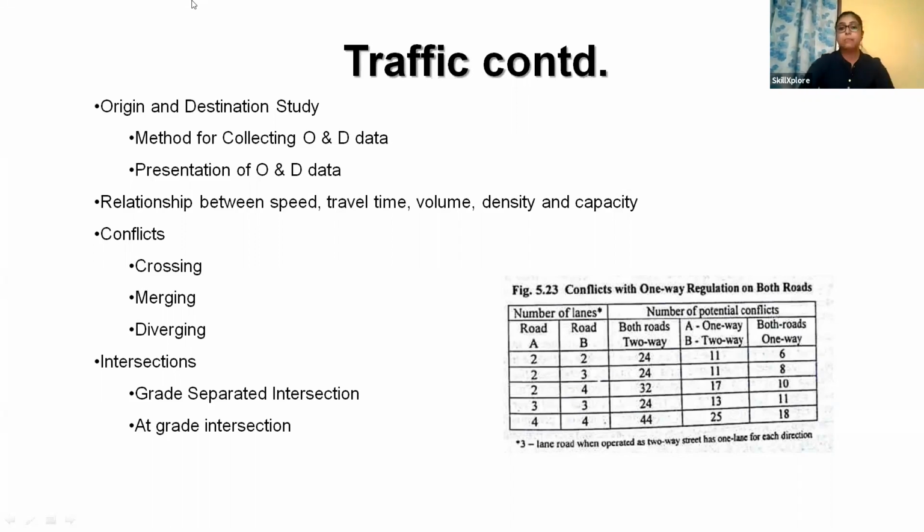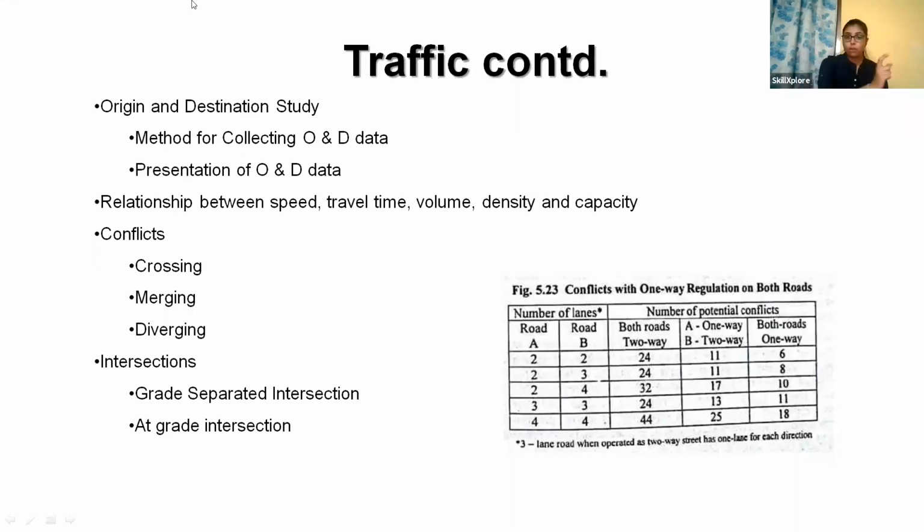With an example figure itself, we'll show you how the conflicts arise. For example, there are two roads, road A and road B. Road A has 2 lanes, and road B again has two lanes. How many potential conflicts can arise if both roads are two-way roads?